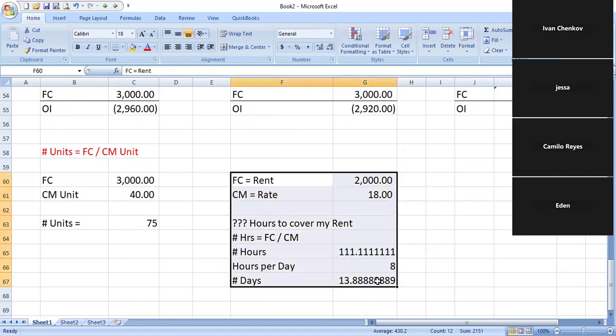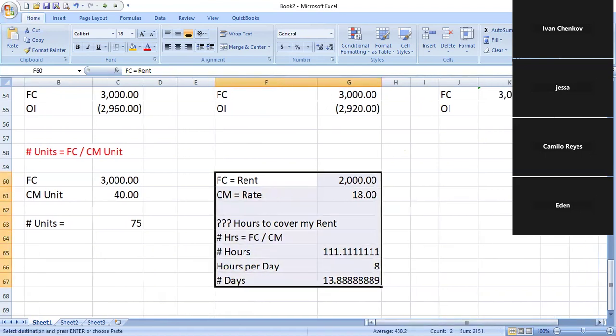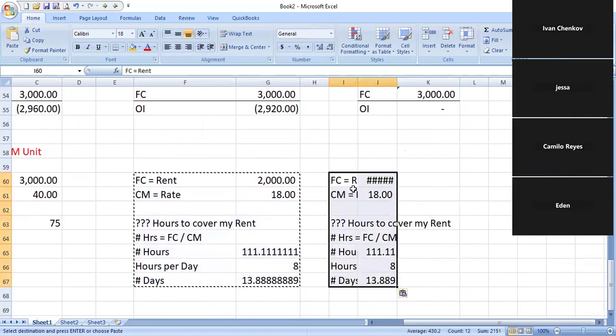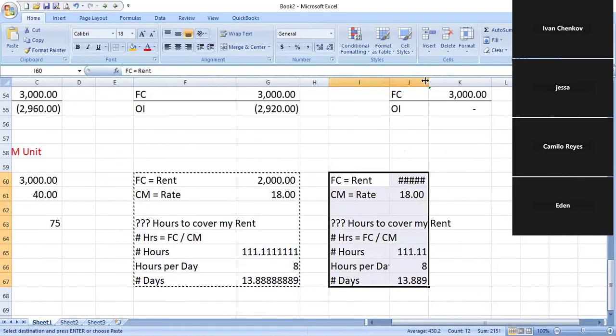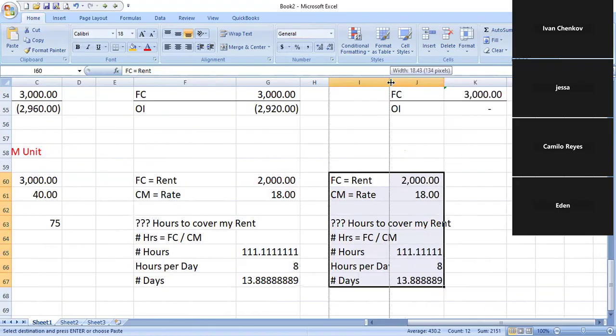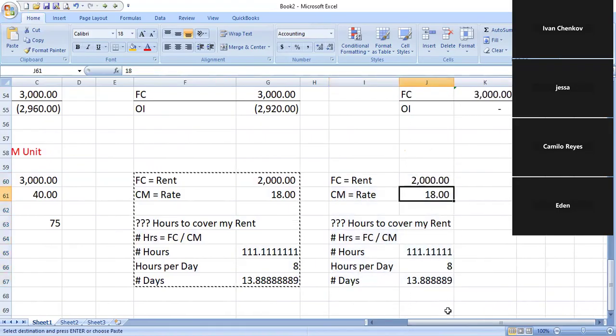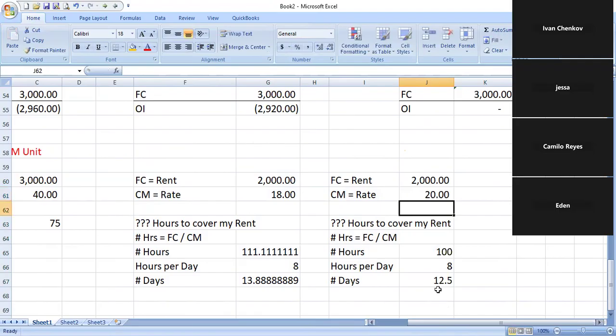So this is if the rate is $18. Let's see what's going to happen if that rate changes. Let's change it to $20. If you get paid $20, then you need only 12 and a half days, or only 100 hours, which is 11 hours less than before.